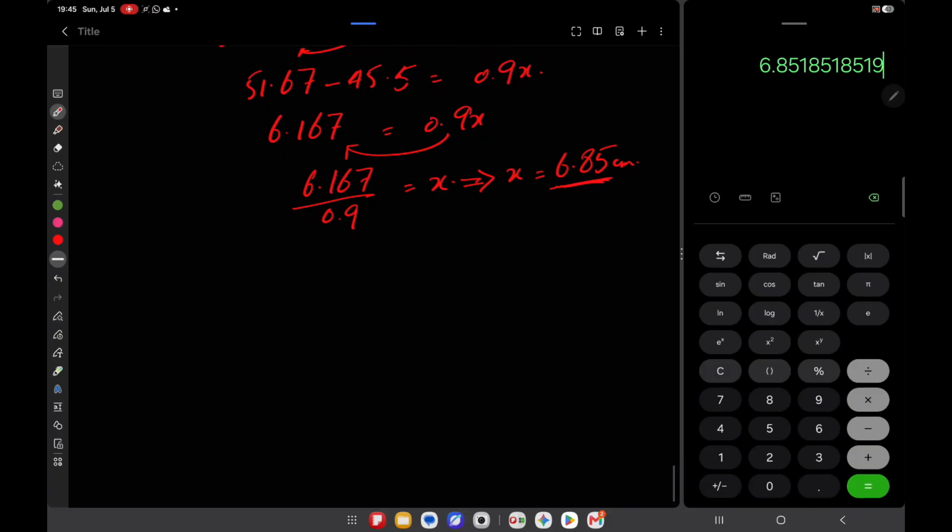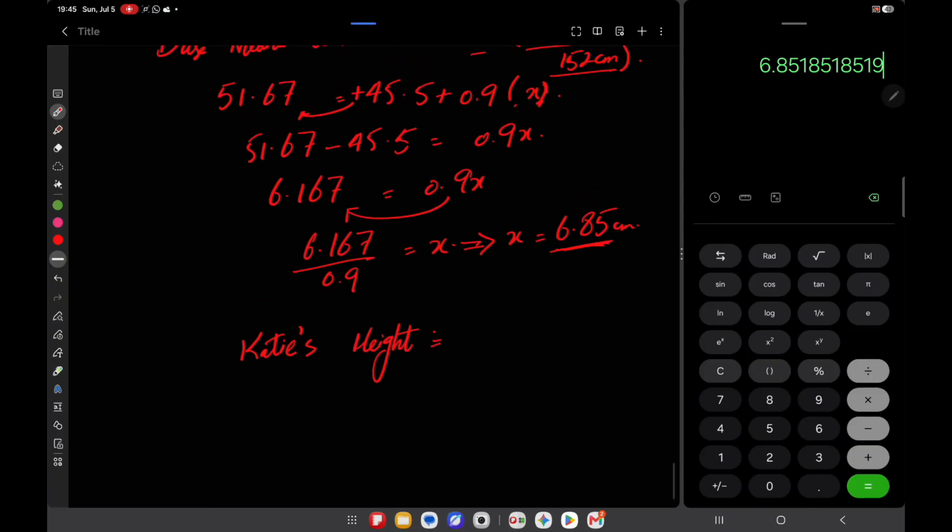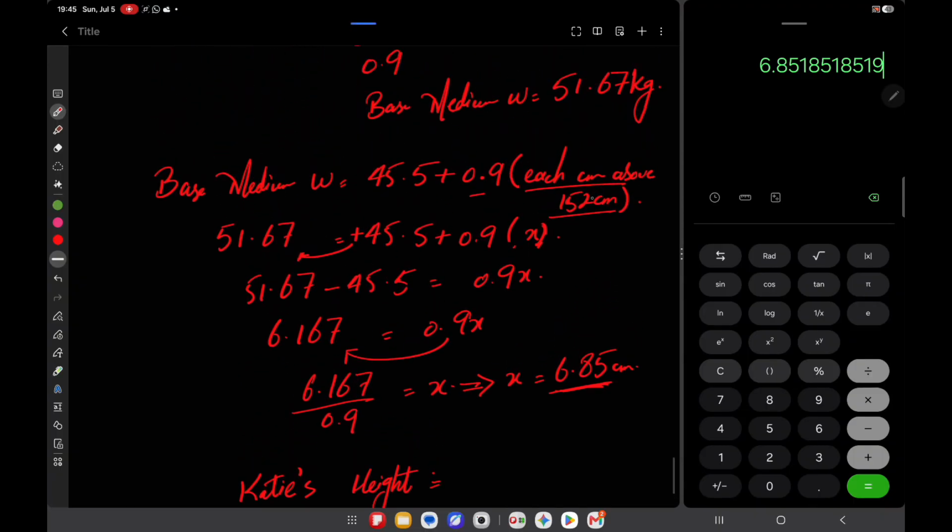So how can we calculate the height of Katy from this factor? Katy's height is equal to, so here we have to write each centimeter above 152.